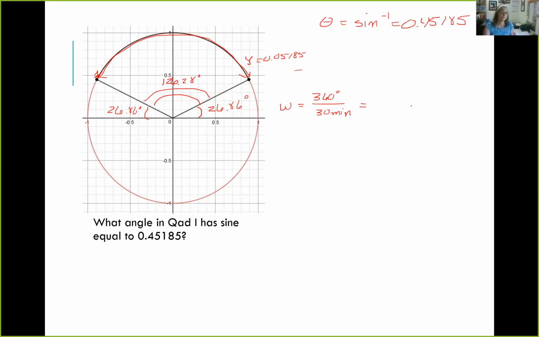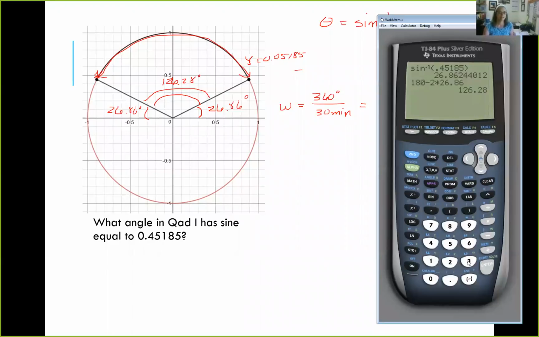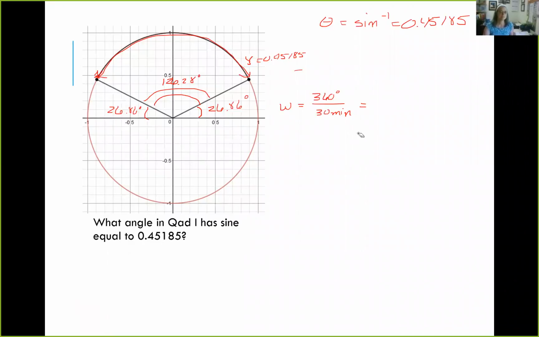That means we're moving at 120 degrees. Sorry, that's not right. 12 degrees per minute. Let's check that. 360 divided by 30, 12 degrees per minute.